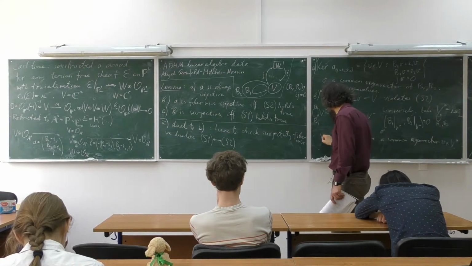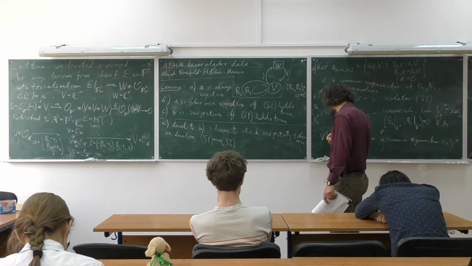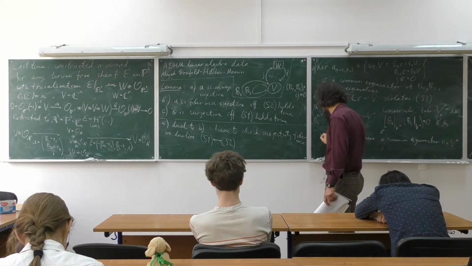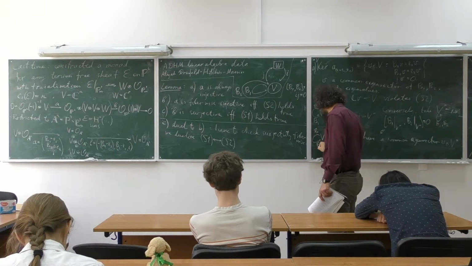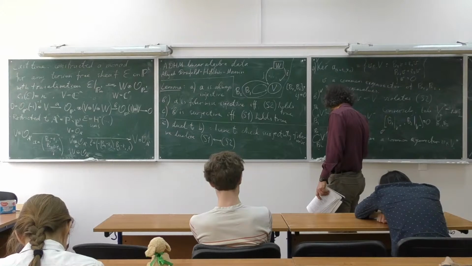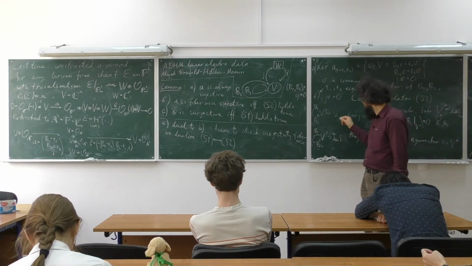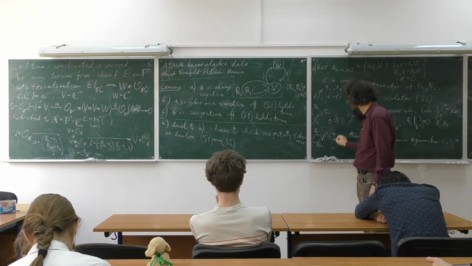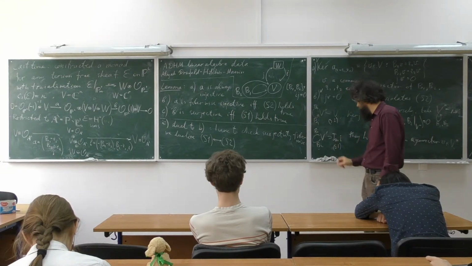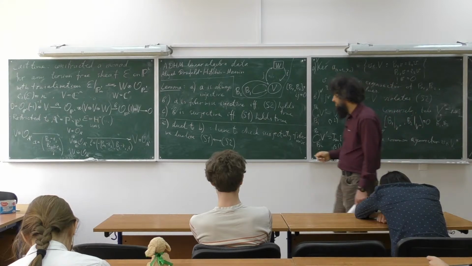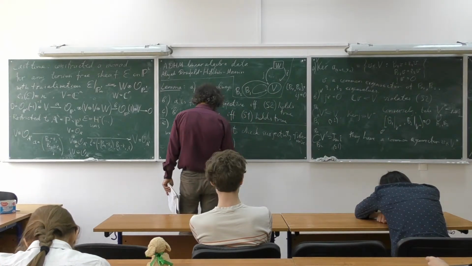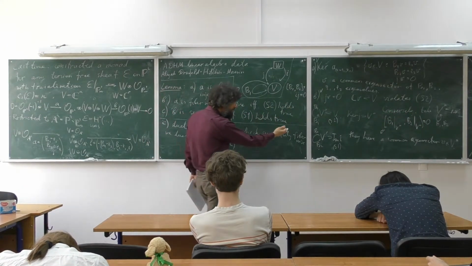S1 was the existence of a subspace V prime invariant with respect to B1 and B2 and containing the image of I. So this was S2, this was S1. And these two conditions are dual.